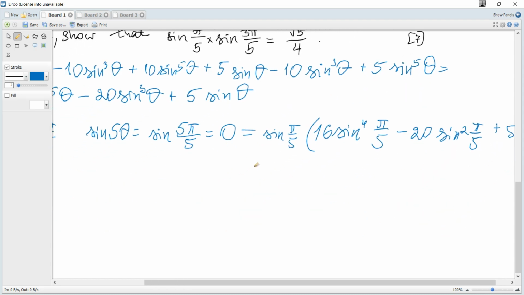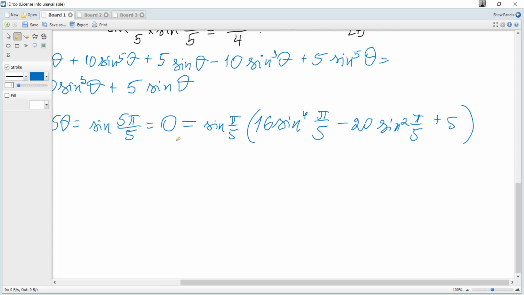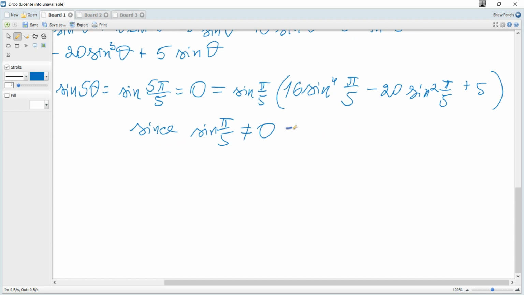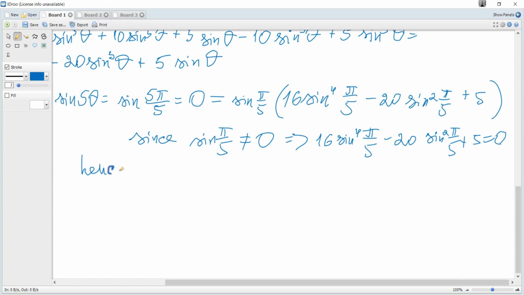But actually we can see that the product is equal to 0, but since sine of pi over 5 is not 0 and the product is equal to 0, it implies that 16 sine to the power of 4 of pi over 5 minus 20 sine squared of pi over 5 plus 5 is equal to 0, and it implies that, hence, theta is pi over 5 is a root.